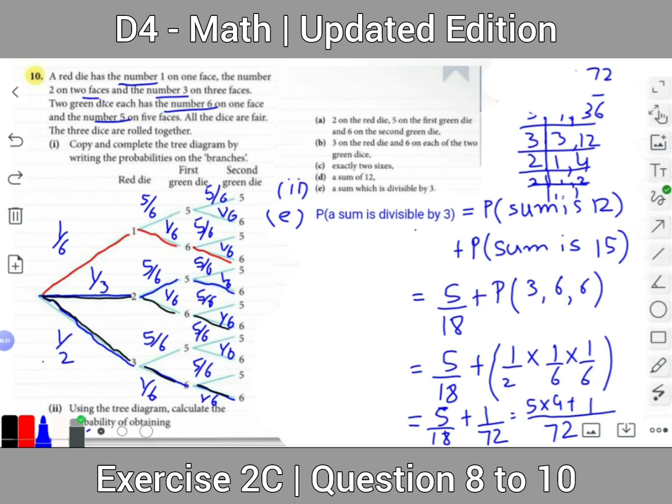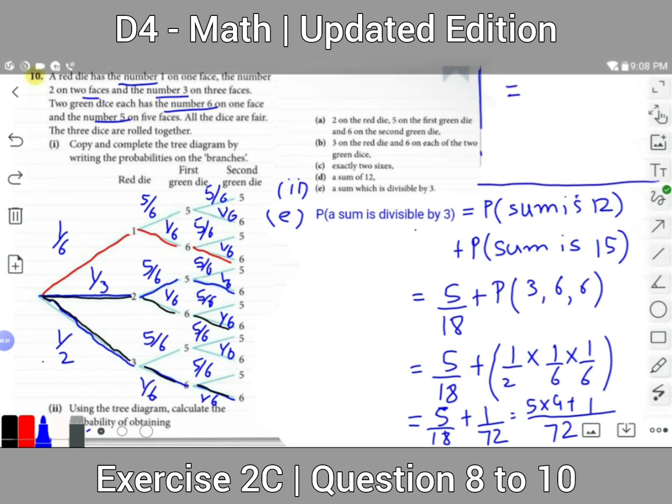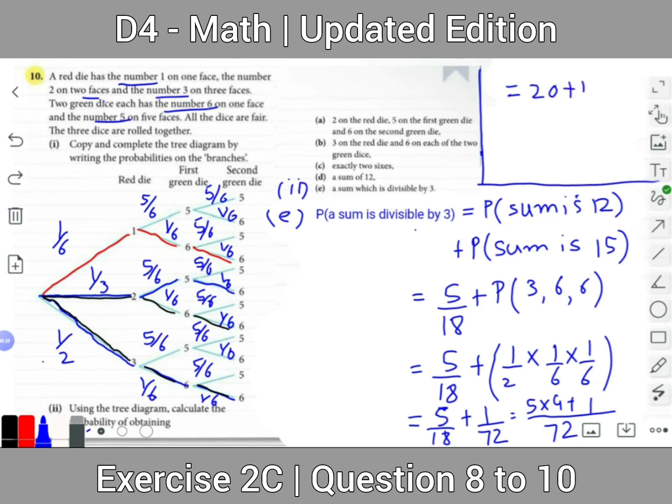Now we have 20 plus 1 over 72, and it will be equal to 21 over 72.